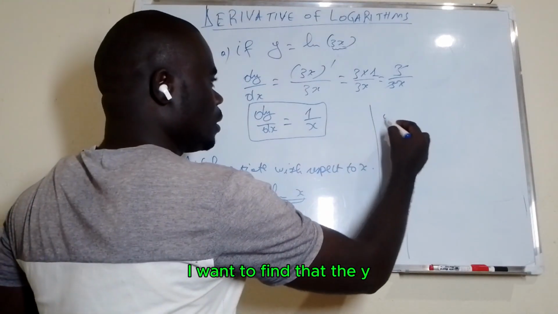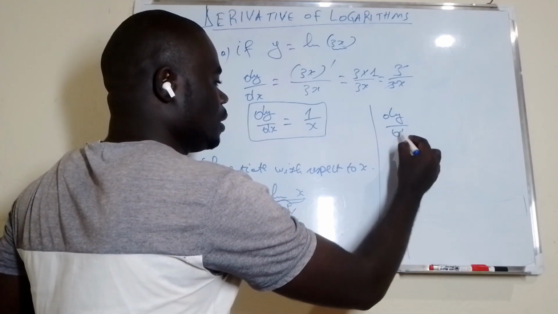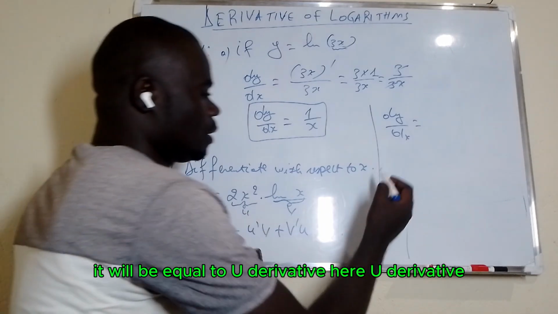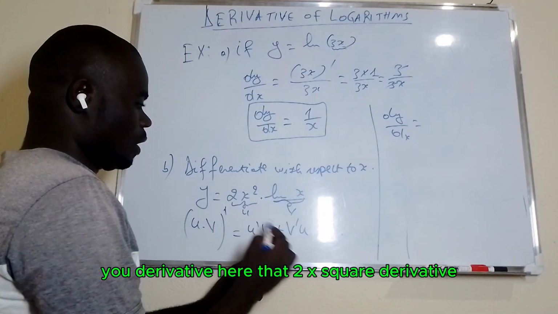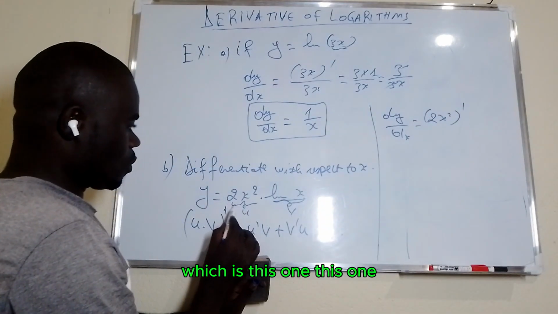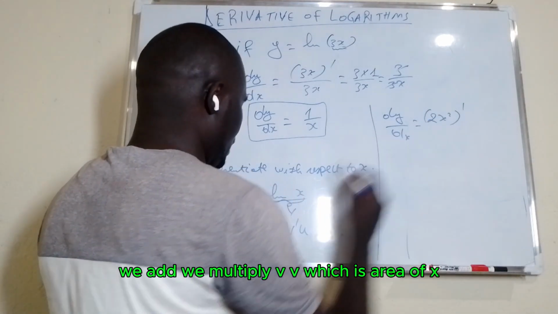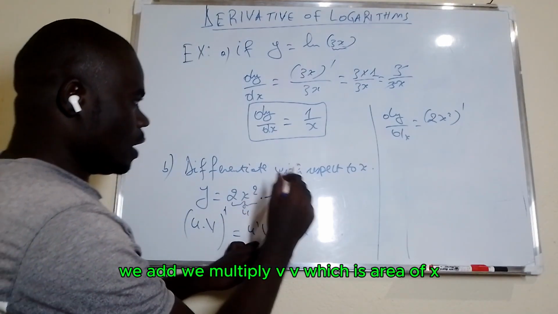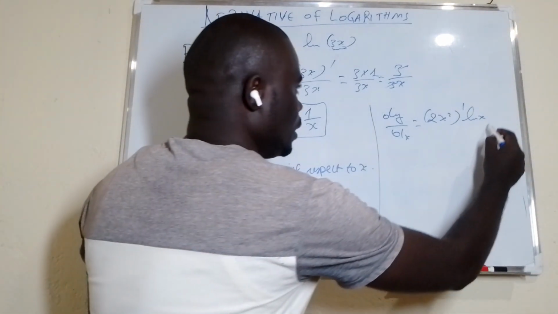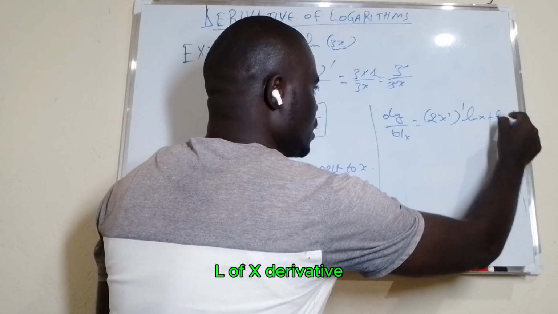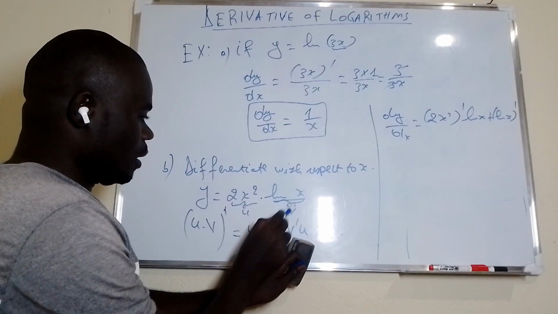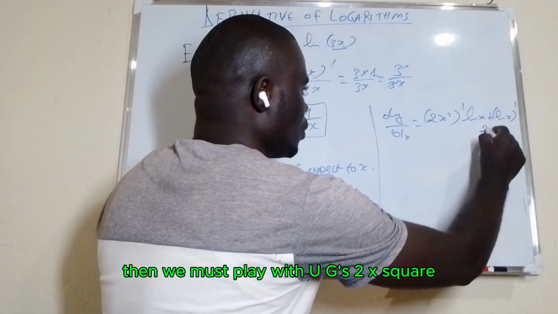We are going to find dy/dx, which will be equal to the derivative of u, that is the derivative of 2x squared, multiplied by v, which is ln of x, then we add the derivative of ln of x multiplied by u, which is 2x squared.